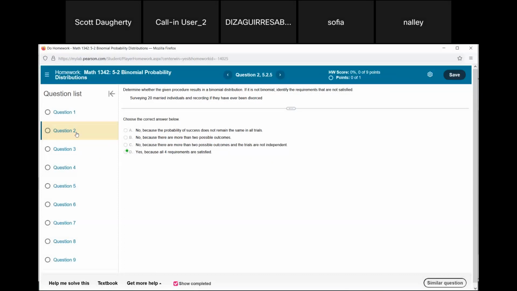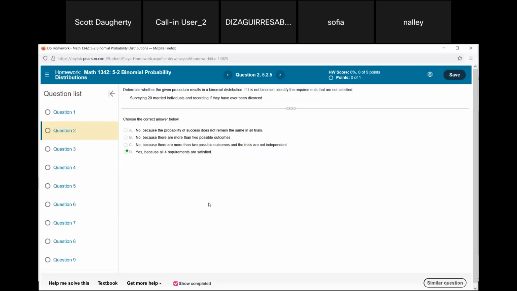This one says you survey 20 married individuals and record if they have been divorced. Okay, so n is 20, so that's fixed at 20. And then when you run a trial, you either get someone who's divorced or not divorced. And so there's exactly two outcomes, right, when you run a trial. And then the third condition is that the probability every time you run a trial has to be the same.